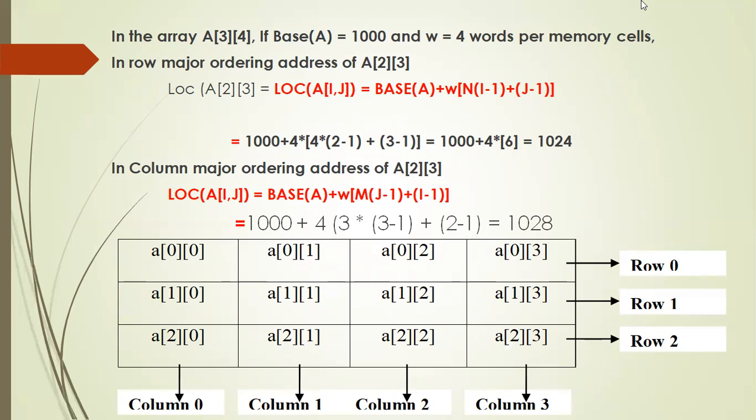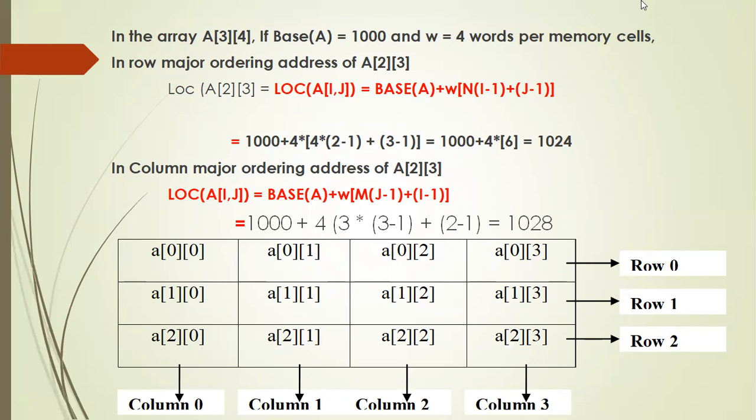So base address is 1000 plus, since W value is given as 4, into n, the number of columns, which is 4, into i minus 1, so 2 minus 1, plus j minus 1, so 3 minus 1. When you substitute, it becomes 1000 plus, within the bracket you simplify first: 2 minus 1 is 1, 1 into 4 is 4, plus 2, 4 plus 2 is 6, 6 into 4 becomes 24, so 1024.